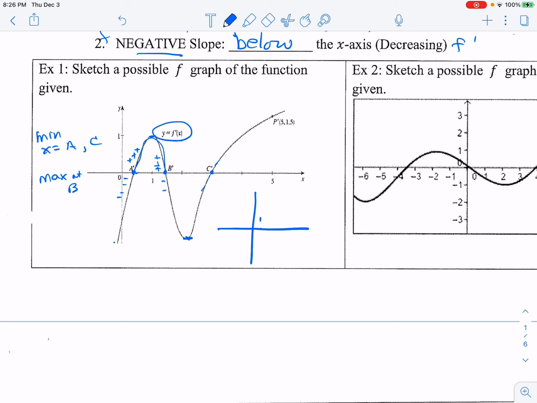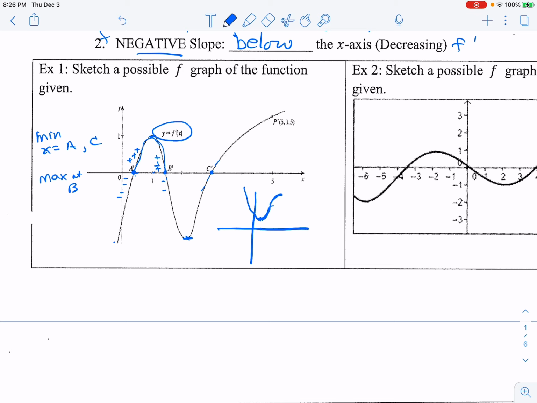There's a minimum. My function was decreasing because this is negative. I hit a minimum. It's increasing. We know at 1 it changes from concave down to concave up to concave down, right? 'Cause if this is increasing, it's concave up. If it's decreasing, it's concave down.